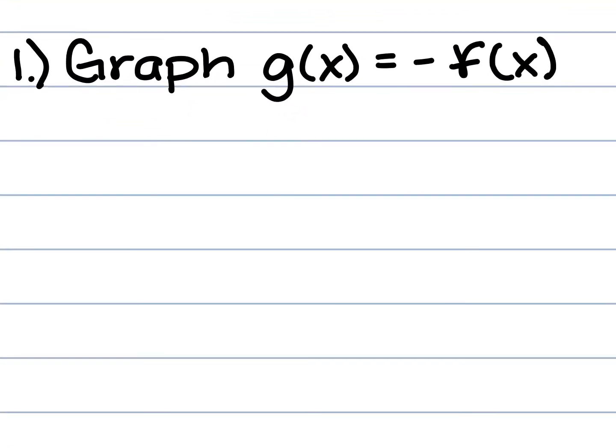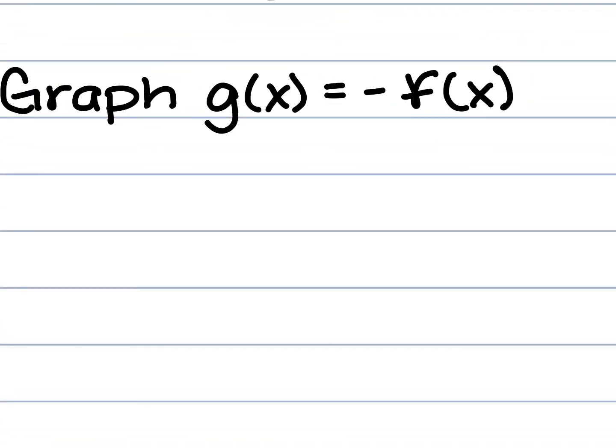So if g of x, which is our transformation, is taking f of x and multiplying it by a negative outside the parentheses, what kind of transformation would this be? It's vertical. Is this a reflection or a translation? Reflection. Why?